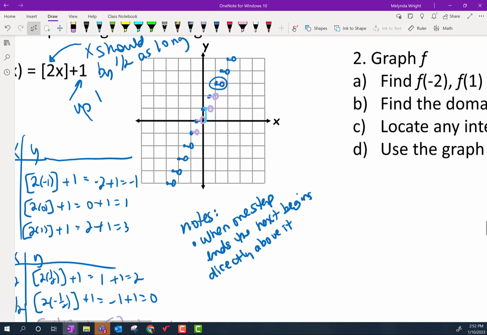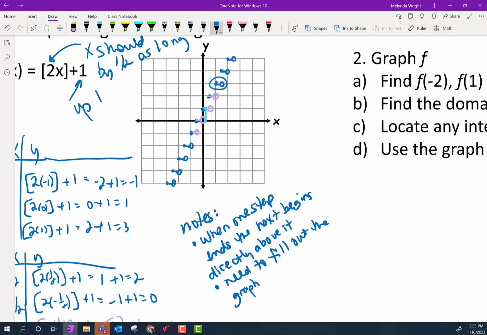And the other note we need to make is we need to fill out the graph. It needs to be completely full. We shouldn't have any more room to draw one of those little steps. They should all be filled in. So your steps should start at the bottom of the graph and go all the way to the top. All right, any questions?